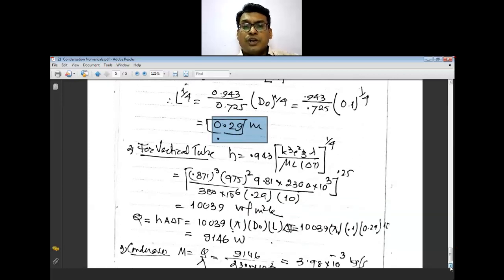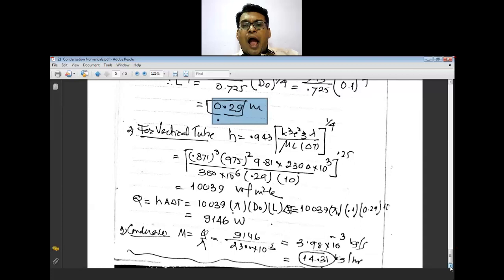Then for vertical tubes, using the basic formula, that is K cube rho square G into lambda upon mu L into delta T. So the H comes as 10,000. So Q is coming as 9,146. Mass flow rate is coming as 14.31 kgs per hour.